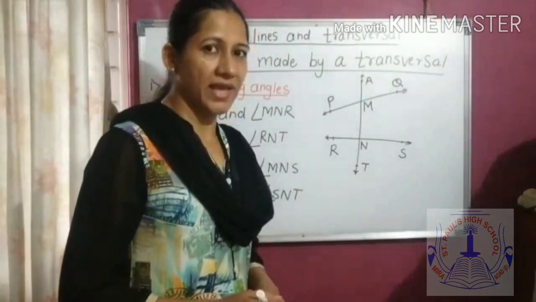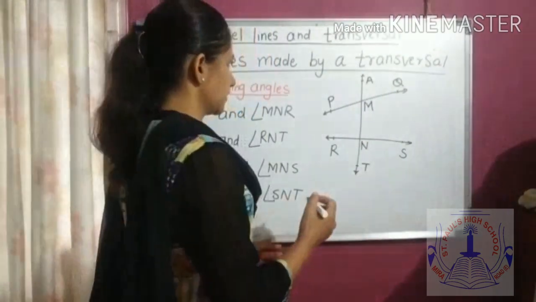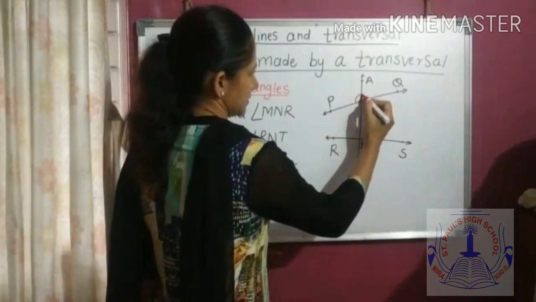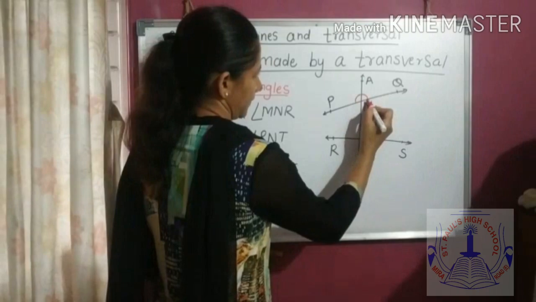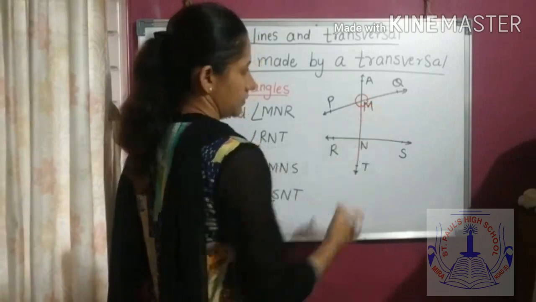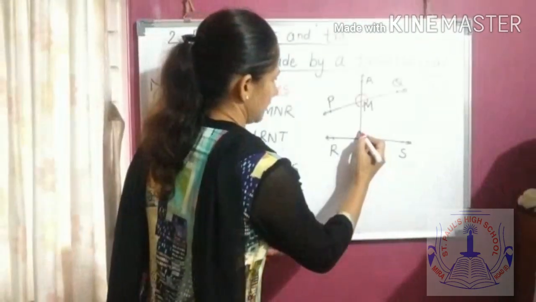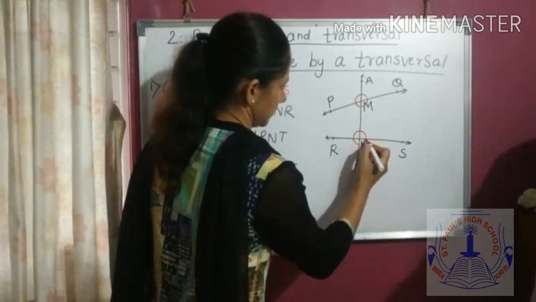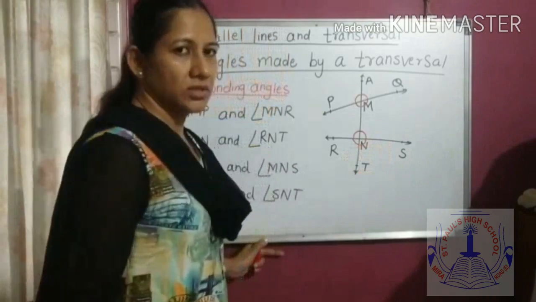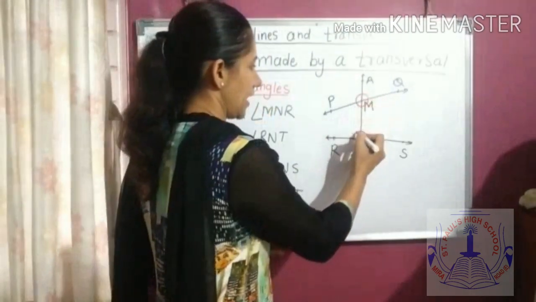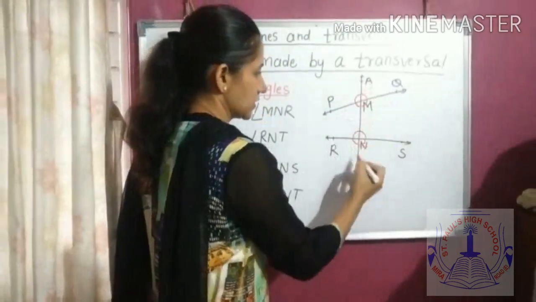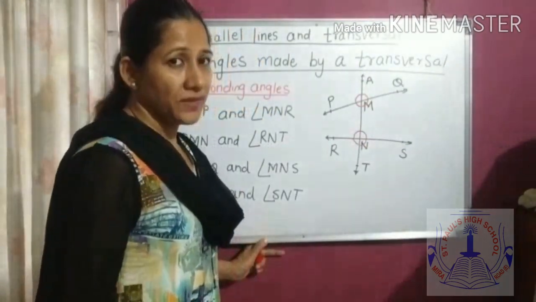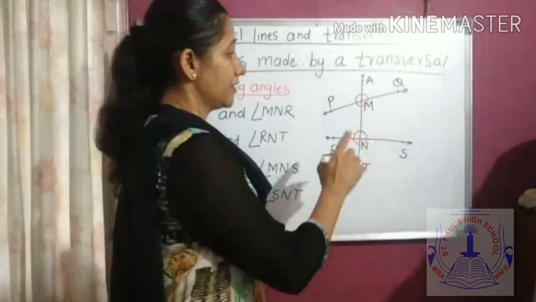Let's see how many angles are made by the transversal. This is one angle, second, third, fourth, then fifth, sixth, seven, eight. So a total of 8 angles are made by a transversal on any two lines. So we will be studying these angles.